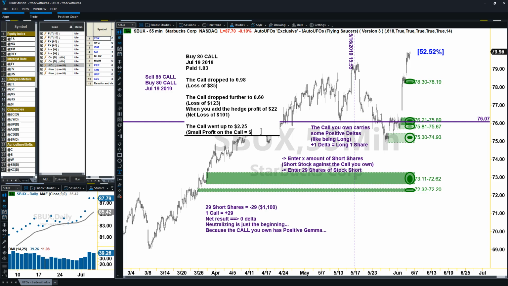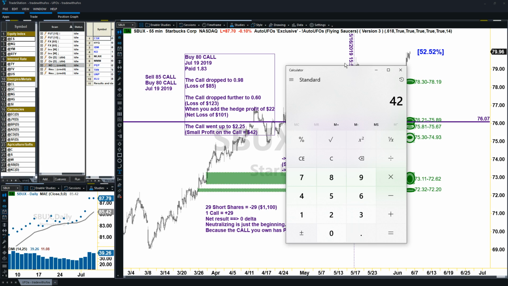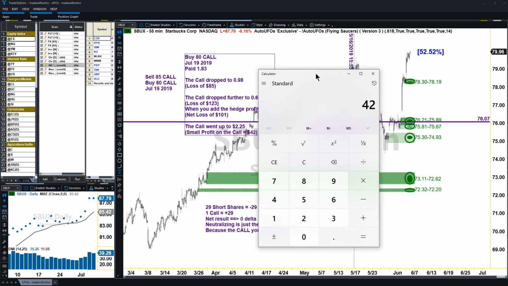Now what's going to be very painful is the stock, because the 29 shares that you have moved from 76.07 to 79.96. So 79.96 minus 76.07, that means that now you have a move of $3.89. Multiplied times 29 shares, this is giving you a loss on the shares of 112.